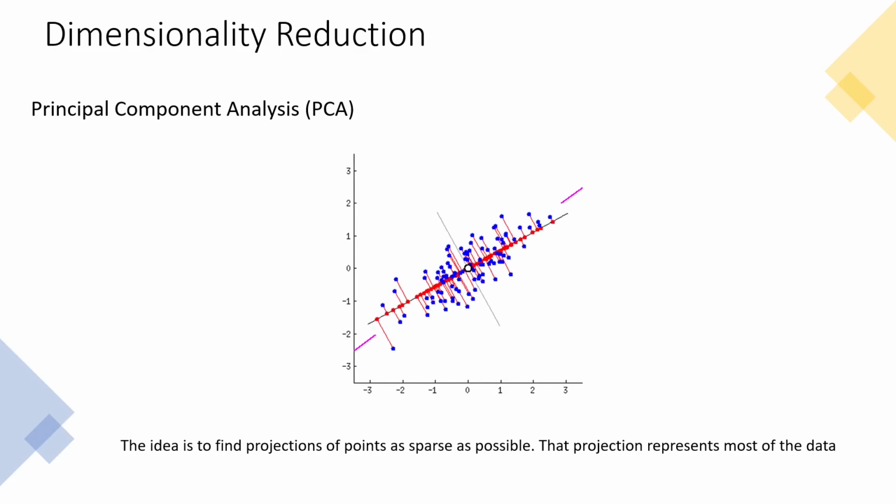And the idea behind principal component analysis is to find the projection of points as sparse as possible.